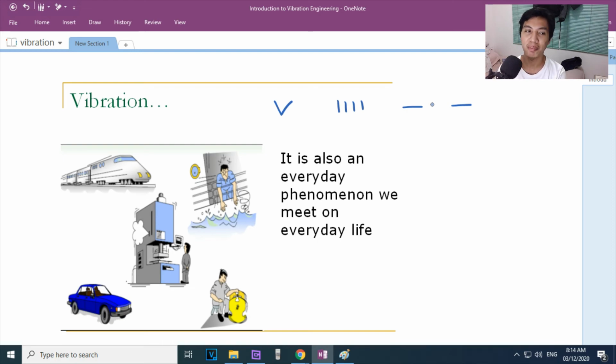Hindi ko alam kung buhay pa rin yun. But nakita ko yung kanyang engine is nakaganon. And that engine produces a lot of power. And V-type engines kasi, medyo malakas ang vibrations niyan, pag ganyang configuration. And V-type engines kasi, takes much of the hood space ng iyong sasakyan.